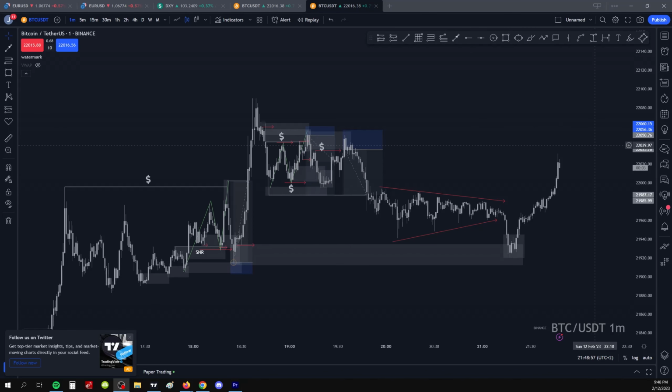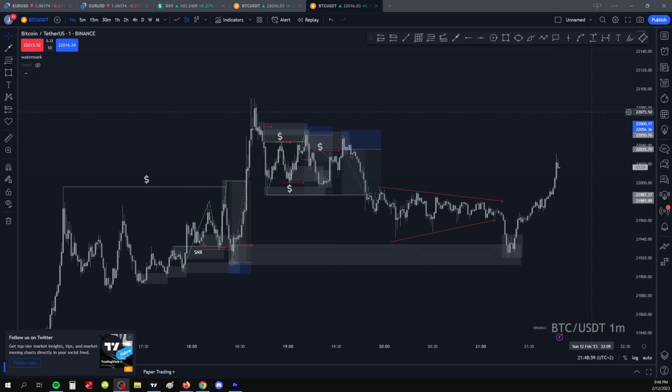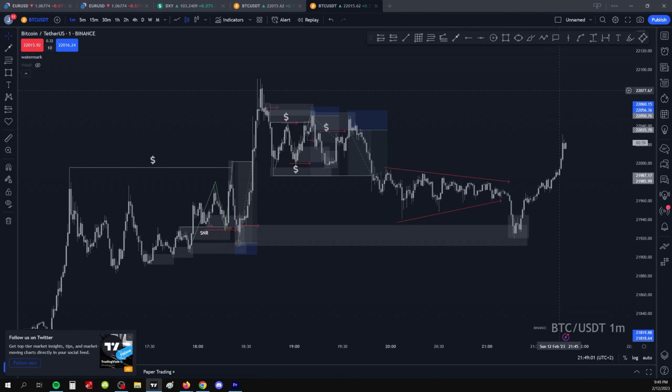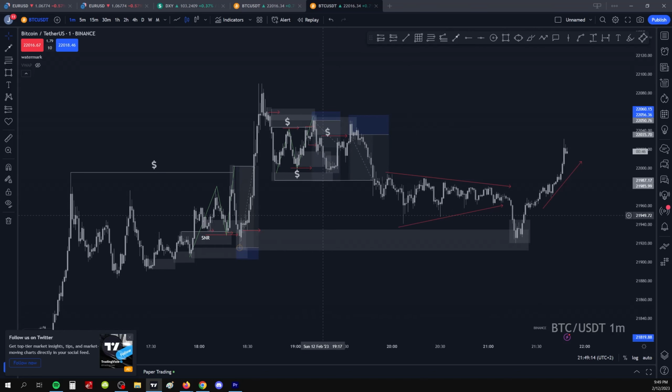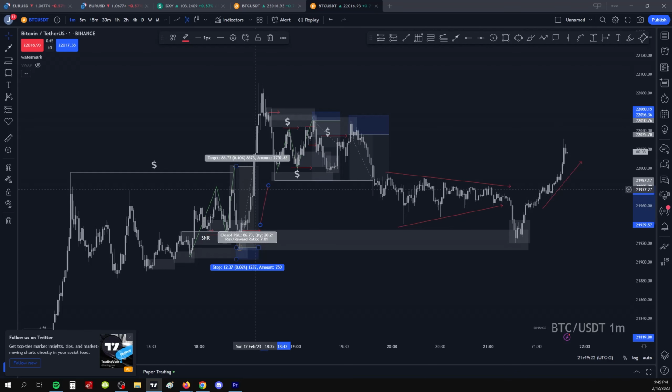Yeah, so I just wanted to update this chart. As you can see, we have moved up. We have taken out all this liquidity. And as I said before, we took the stops here, moved up. But this move was very, very high up.